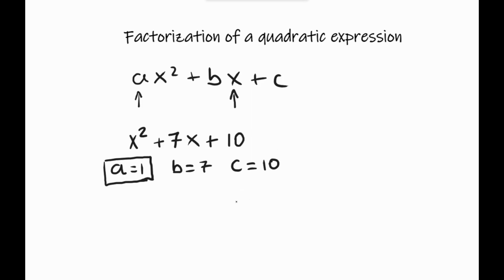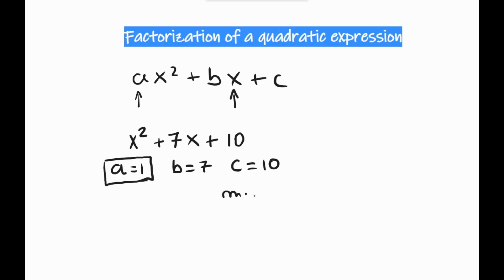As a first step, we must find two integer numbers whose product gives us the c value. In our case, m times n is 10. And the sum of these two numbers, m plus n, gives us the coefficient b of the quadratic expression.